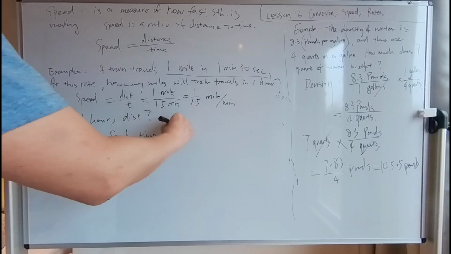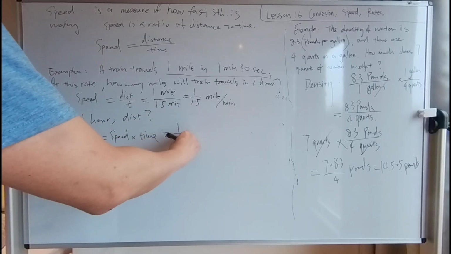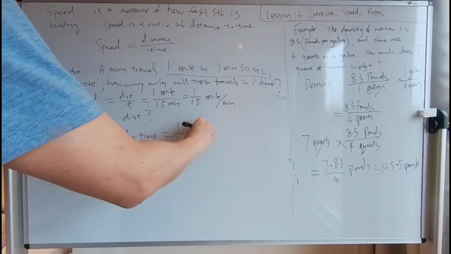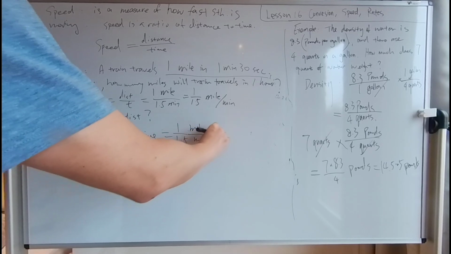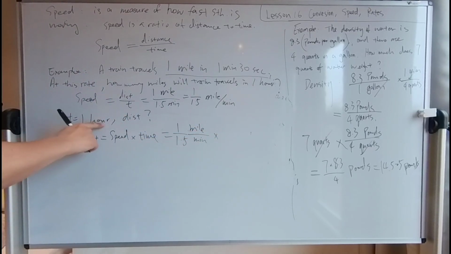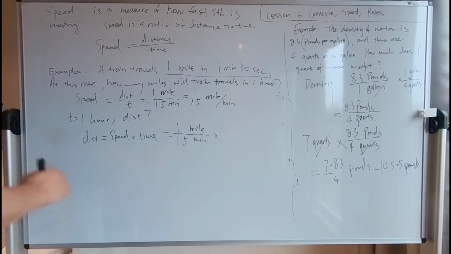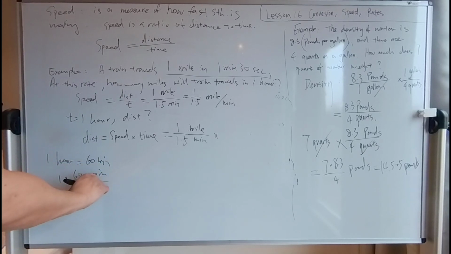Then speed is what we just derived, 1 over 1.5 miles per minute. And time, if I'm using 1 hour, the hour cannot be cancelled out with minutes, right? But I know that 1 hour is 60 minutes, or in other words, 60 minutes over hour.